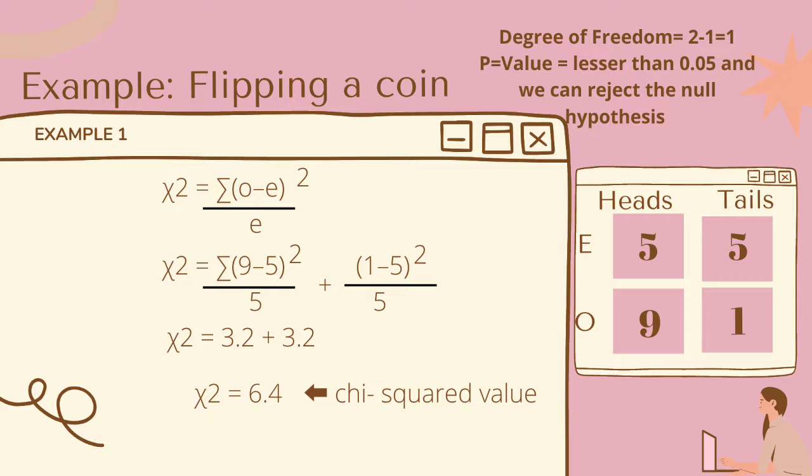So ang 6.4 kay duol na sa p-value nga 0.01, which is ang critical value kay 6.635, meaning the p-value is lesser than 0.05. Therefore, we can reject the null hypothesis nga the coin is fair.